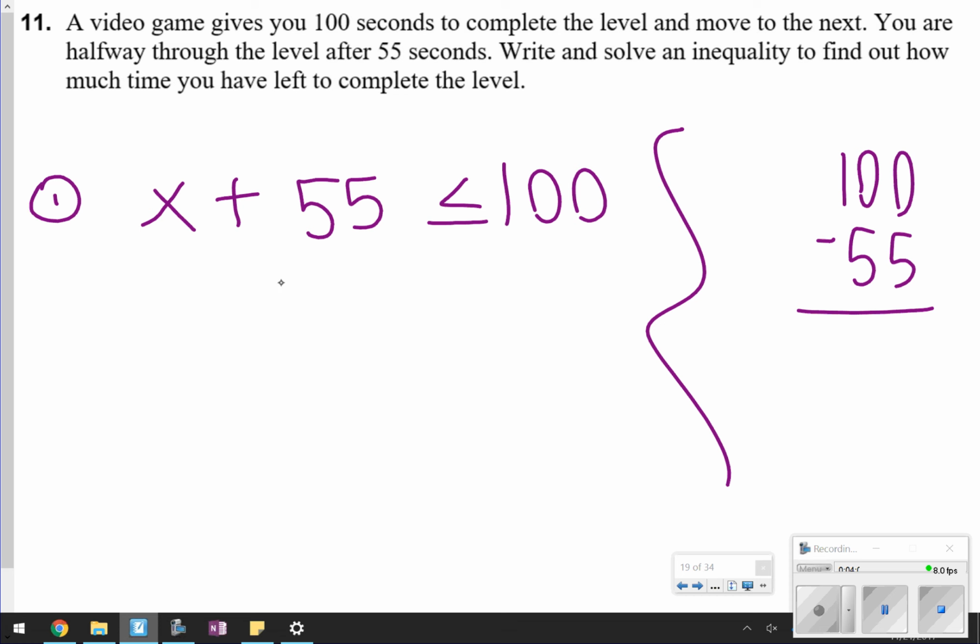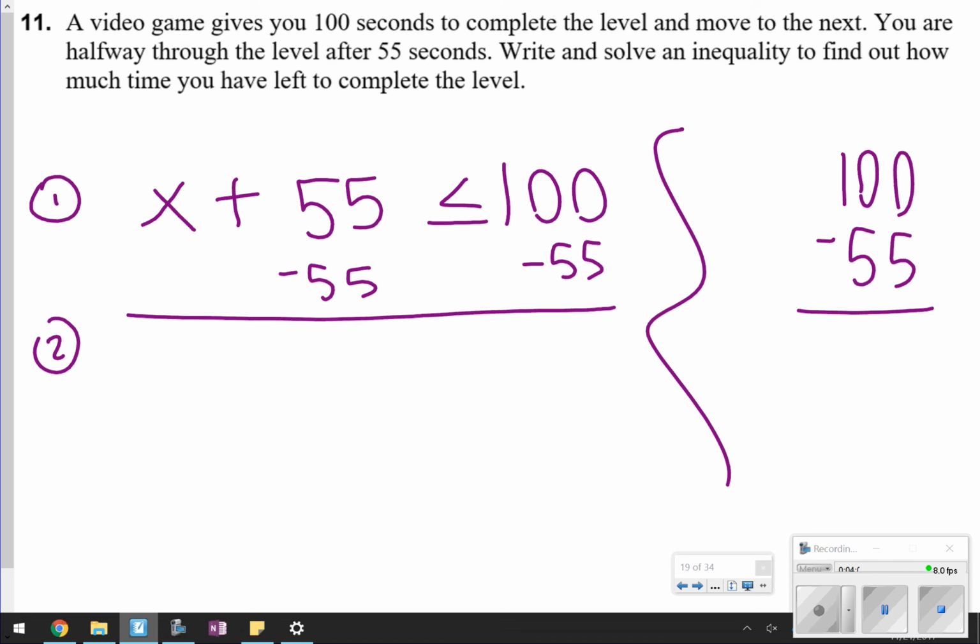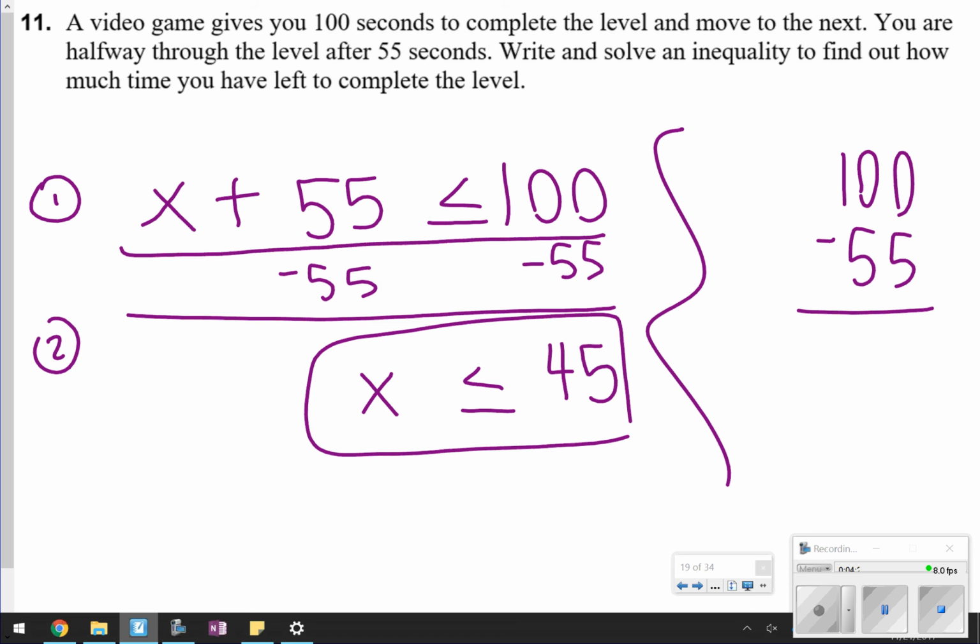That's your inequality, and then part 2 is solving. So yes, I am going to subtract 55 from 100. I've got to borrow here. You're essentially going to be getting 45. So x is less than or equal to 45. So both of these is what you have to have for your question in number 11.